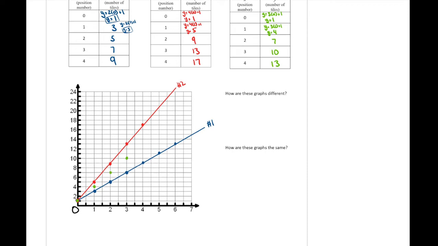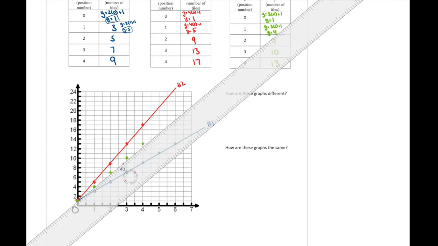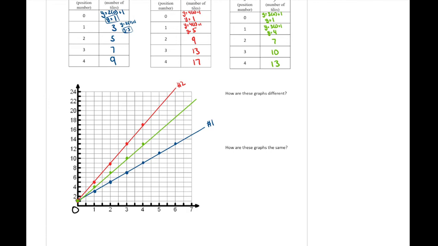That's another nice thing, because we're hopefully seeing now that all these patterns are forming straight lines, it does help us make sure that we put our points in the correct spot. Because if not, our line should look a little bit weird or a little bit crooked. When we go with a ruler though, we can connect our points with a straight line.